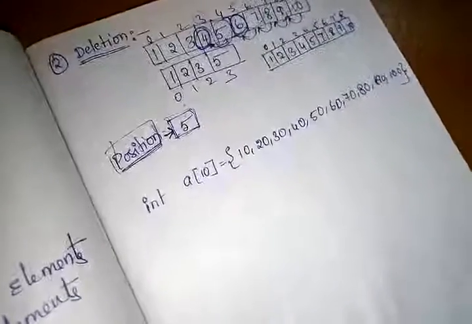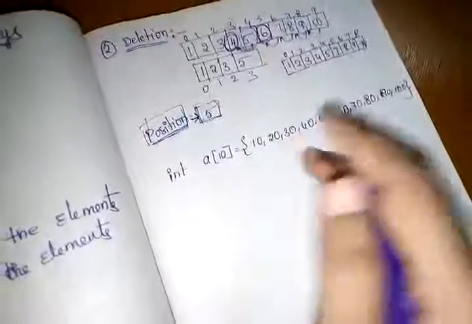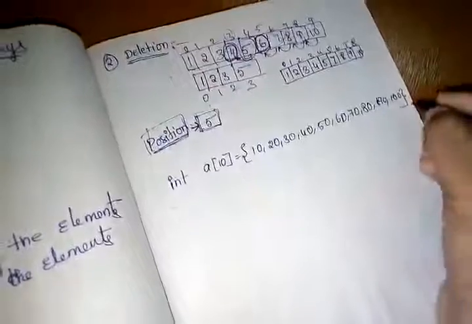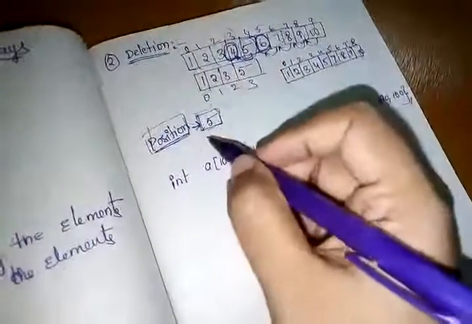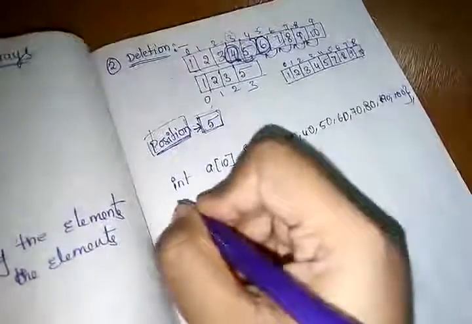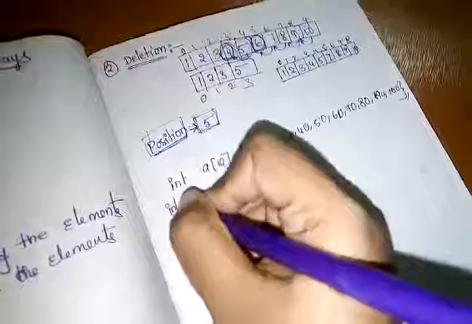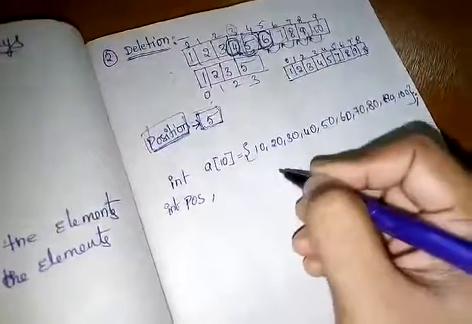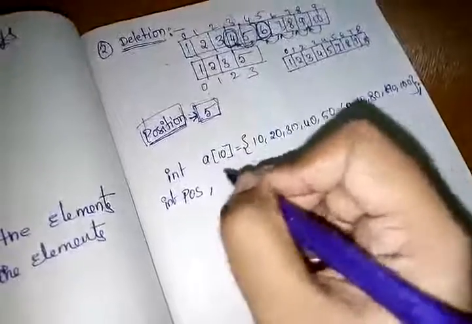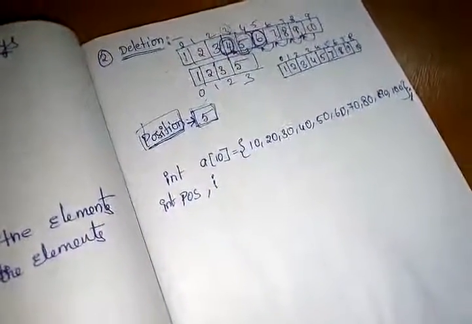So in total we have 10 elements in our array. Now you need to take the position. In order to store the position of the value to be deleted, I am taking the variable int POS, and then in order to access the elements we need an index, so for that I am taking the variable I.